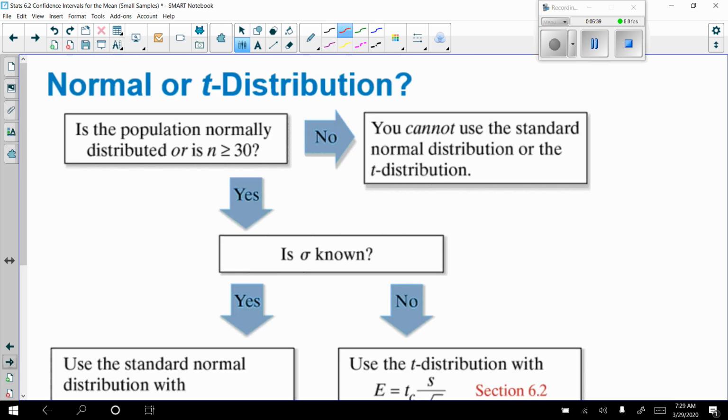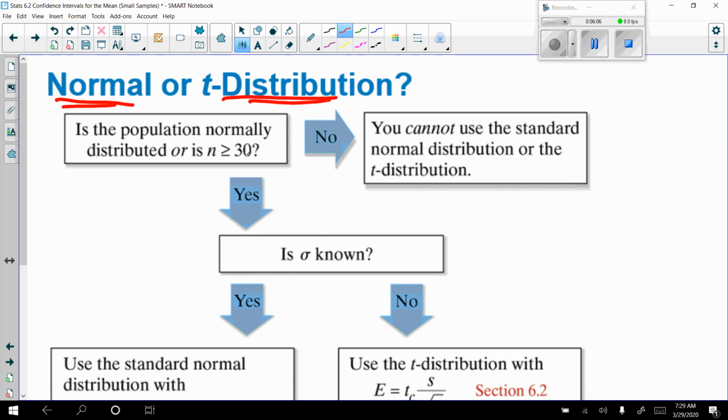So as you're doing these confidence intervals, you always have to ask yourself, should I be using a normal distribution or a t-distribution? And follow this flowchart and you'll know what to do. In fact, put this flowchart out when you're taking the test so that you can decide what to do. First of all, is the population normally distributed, or is n greater than or equal to 30?